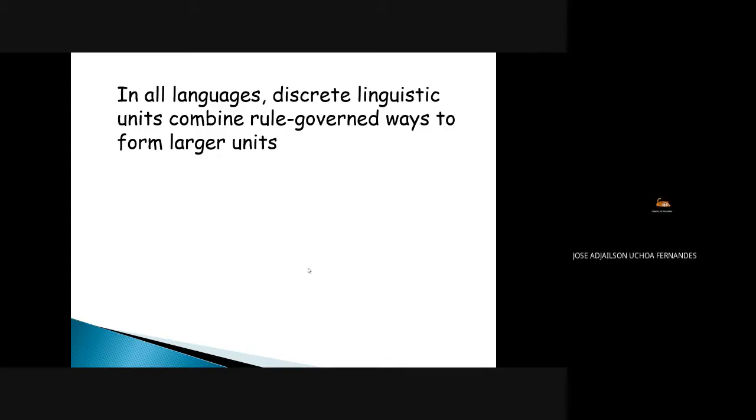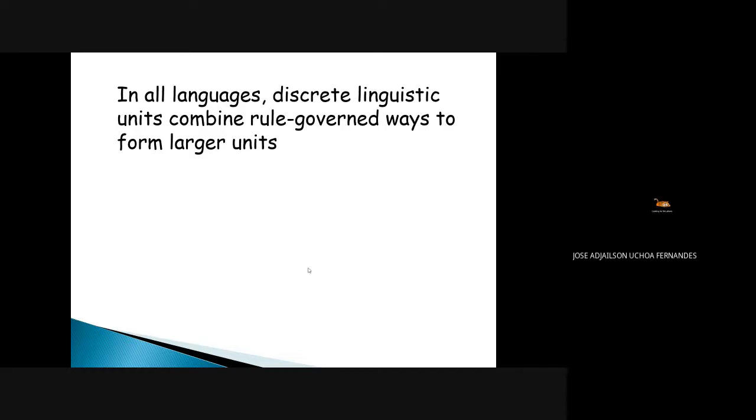The minimal unit in chemistry supposedly is the atom. Now people have been discovering particles, but every science has its minimal unit of study. The minimal unit of study in morphology is the morpheme.